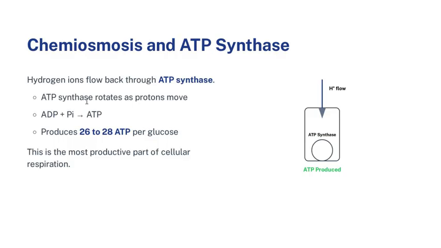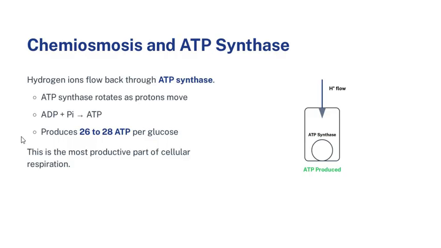And the ATP synthase actually rotates as the protein moves, right? And this will produce 26 to 28 per glucose. So that gets us to around 32 to 34 at the end.